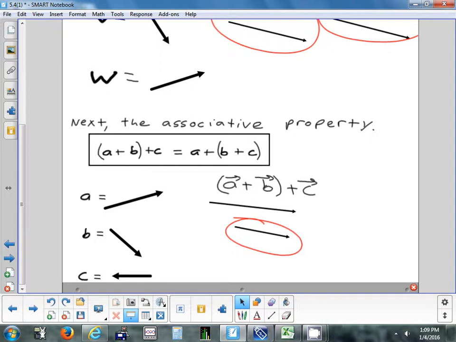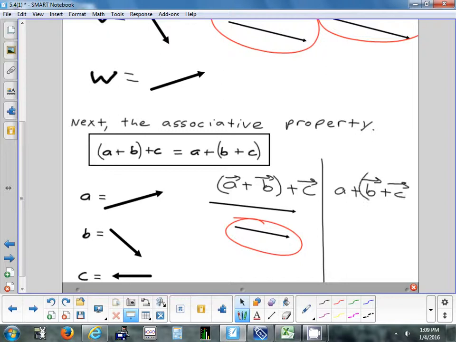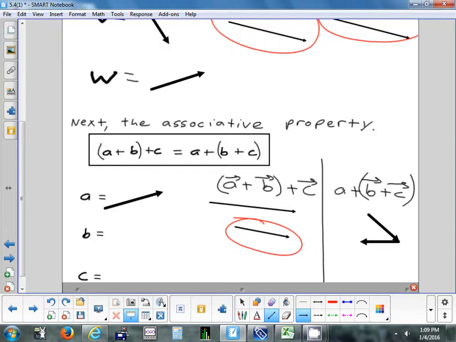All right, now let's try doing B plus C first, and then take A and add that on the end. A plus B plus C. All right, so let's see. That's B. That's C. I'm going to draw my line in and get B plus C. So I got that.